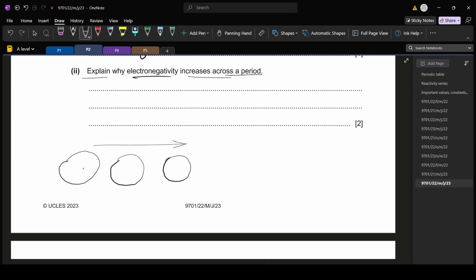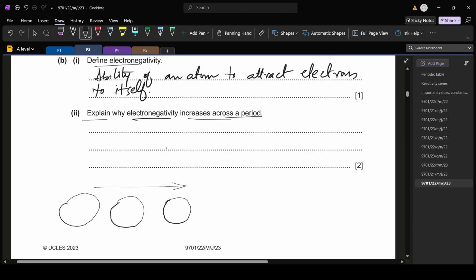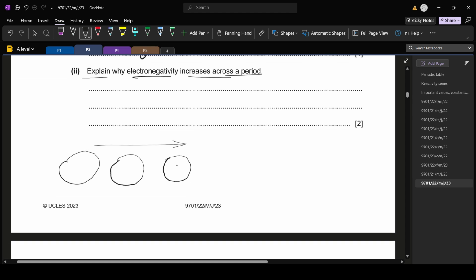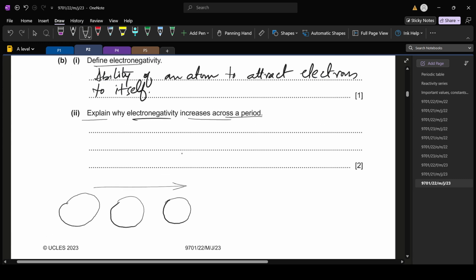So there is more charge density across the period, because the shell is the same, so the shielding factor is constant. That's why the ability of an atom to attract electrons increases. Because there is more charge density, the incoming electron will be attracted more.